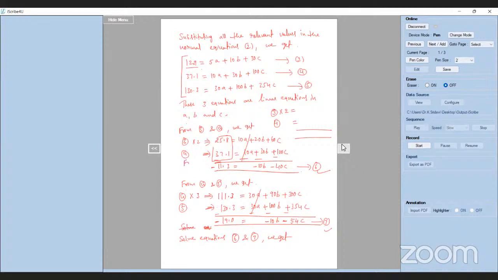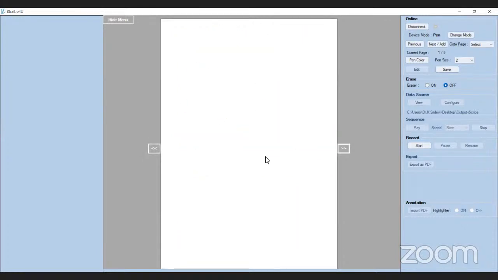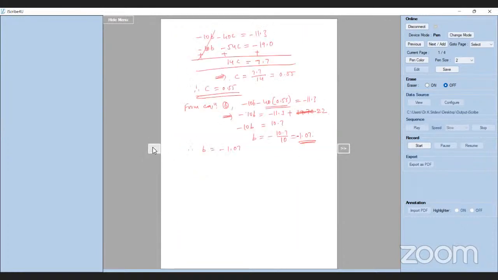From equation 3: 12.9 is equal to 5A plus 10B plus 30C.